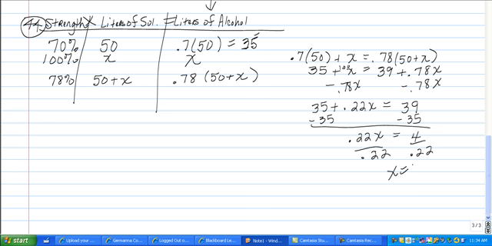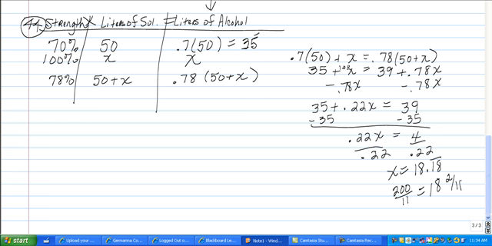4 divided by 0.22 is 18.18 repeating. That's 18 and 2/11ths, which is 18 times 11, it's 198, if you write it as a fraction.